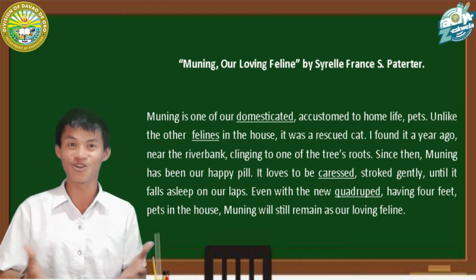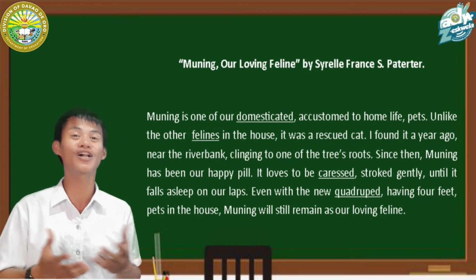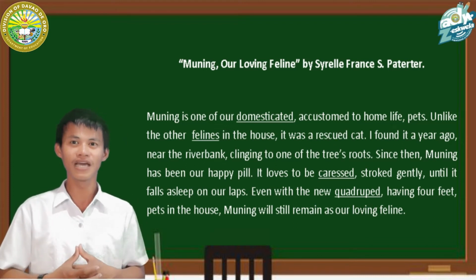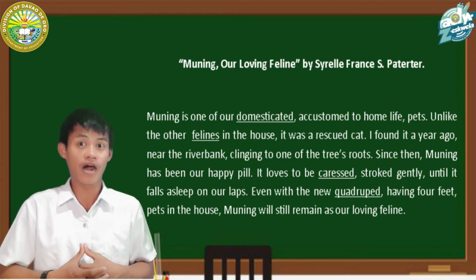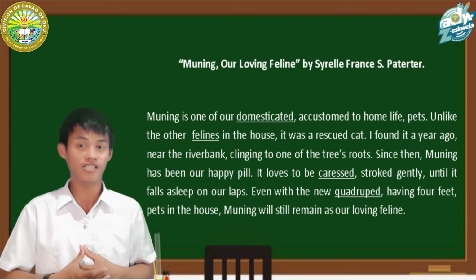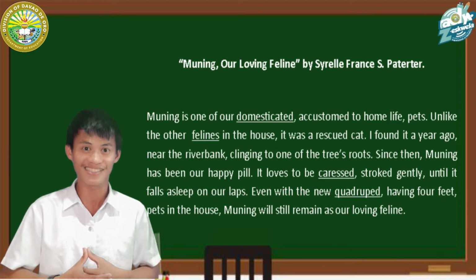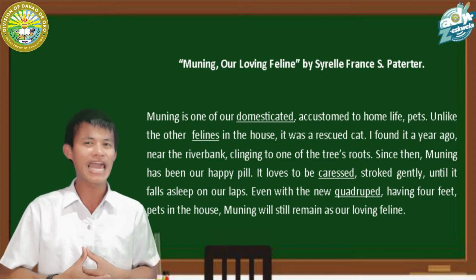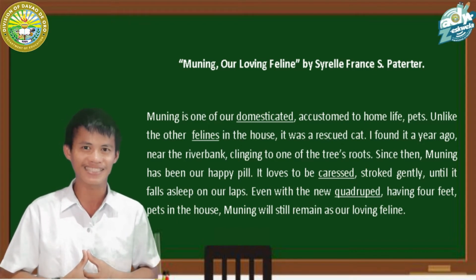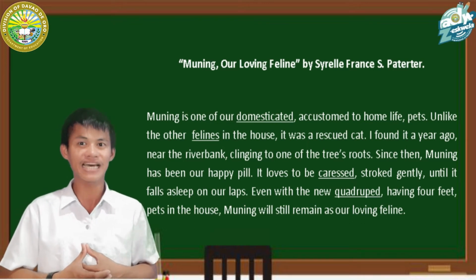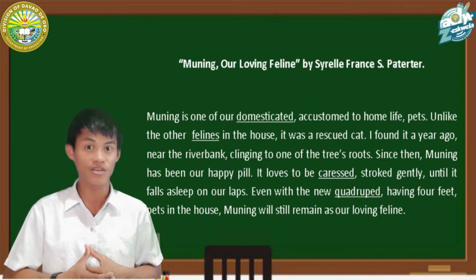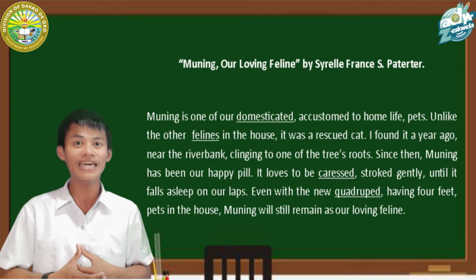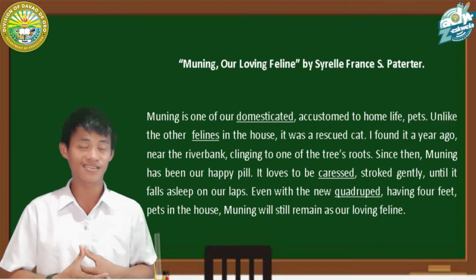Let's read it again, all together. Muning is one of our domesticated, accustomed to whom life pets. Unlike the other felines in the house, it was a rescued cat. I found it a year ago near the riverbank, clinging to one of the tree's roots.